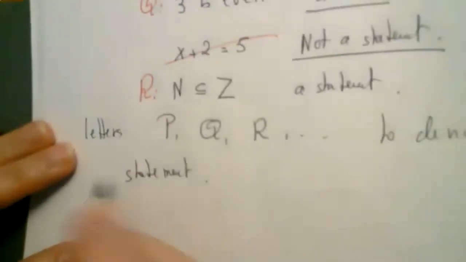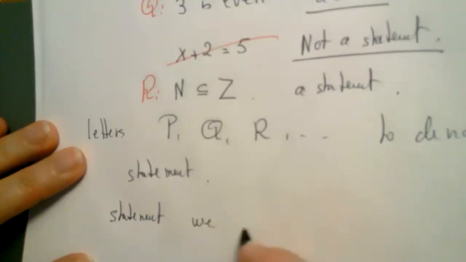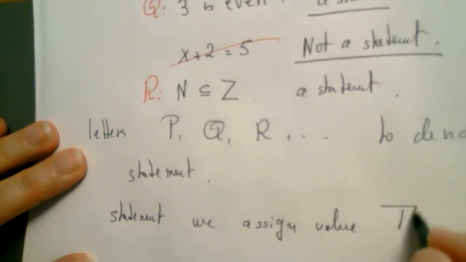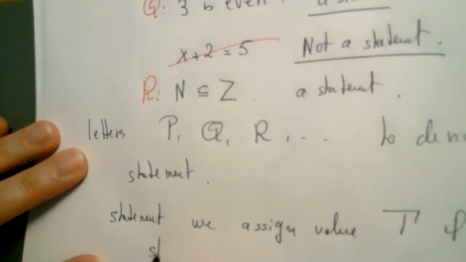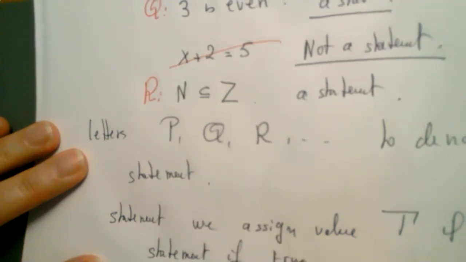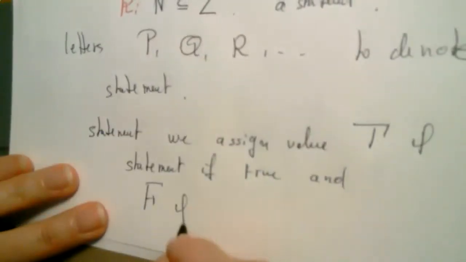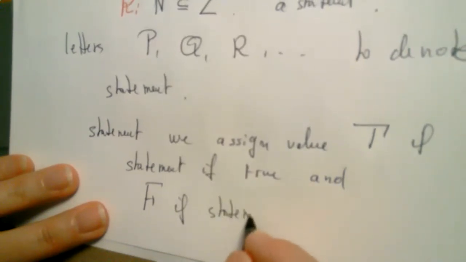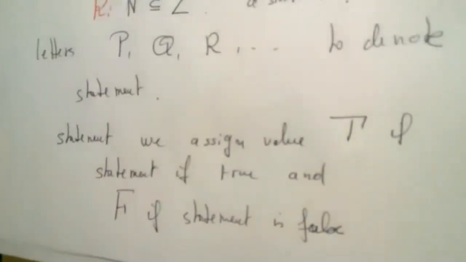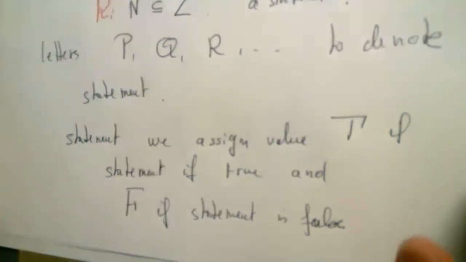So to every statement, we assign the value T if the statement is true, and F if the statement is false. So a statement A is characterized by its value. It either has the value T if it's true, or the value F if it is false.